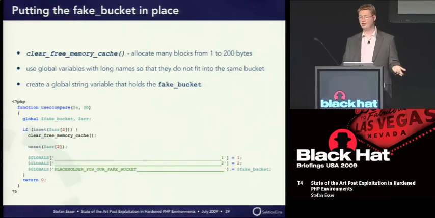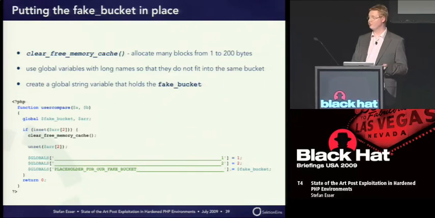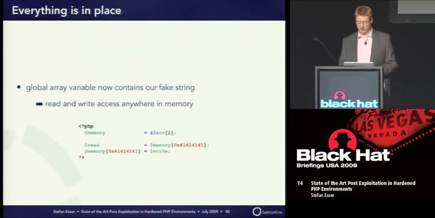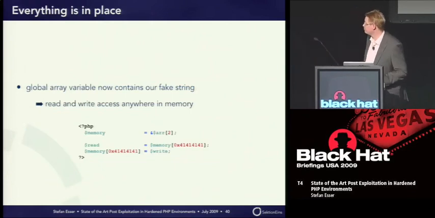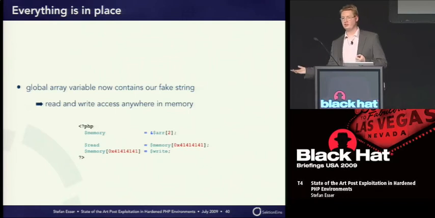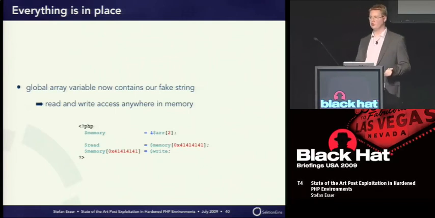And this means that by accessing this array afterwards, you can access any piece of memory in the first 2 gigabytes. This would look like this in PHP. You just create an alias to this array, and then you read by accessing the index in the string, and you write by just writing into this index.